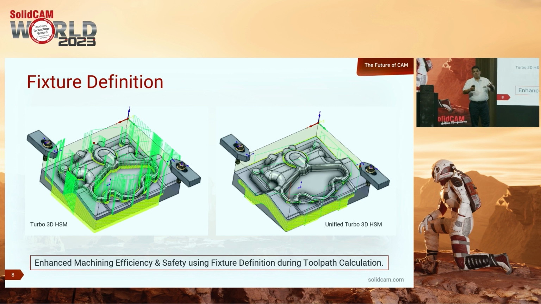Considering it to be a part of the geometry, it uses this geometry to generate the toolpath by taking the fixture into account right in the very first stage, rather than at the end. Therefore, the kind of retracts you get when you use turbo HSM with a fixture and with the Unified engine is completely different. The Unified is a much, much cleaner engine when it comes to the fixture definition.